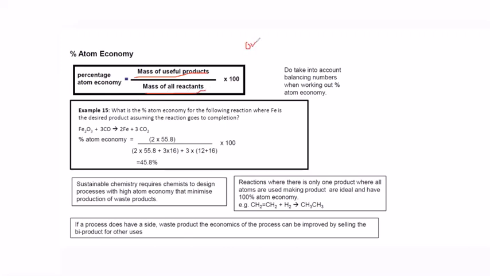Or it is the mass of useful product divided by the total mass of all reactants, or mass of products, multiplied by 100, and you will get the atom economy or percentage atom economy.